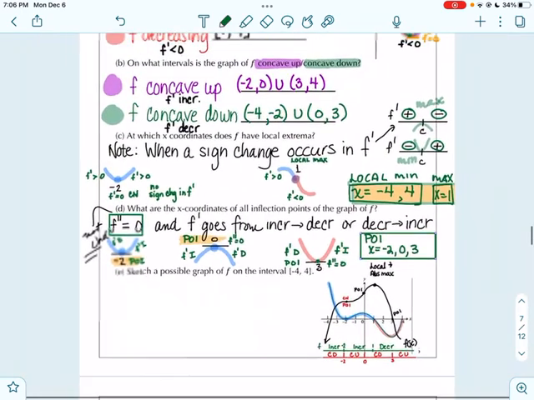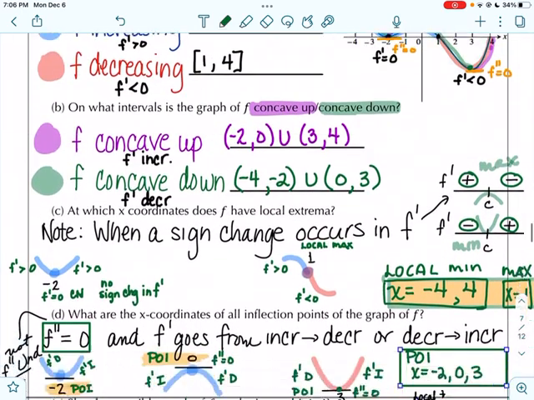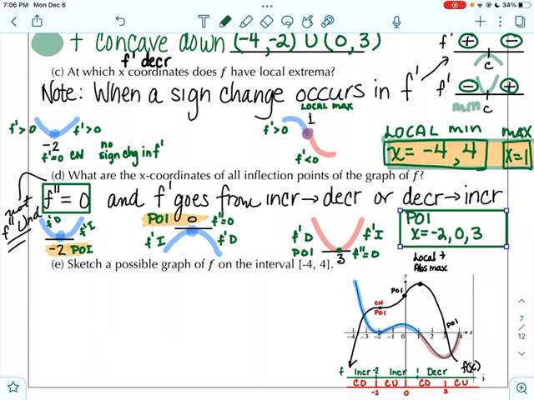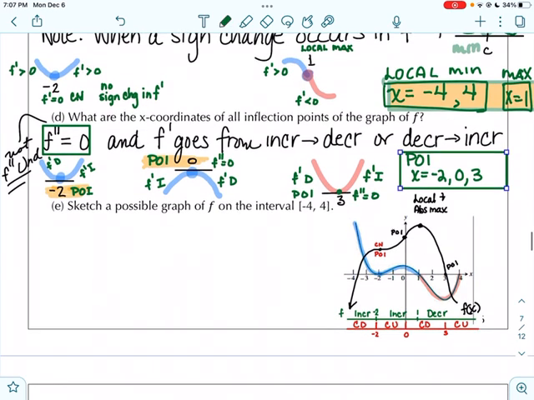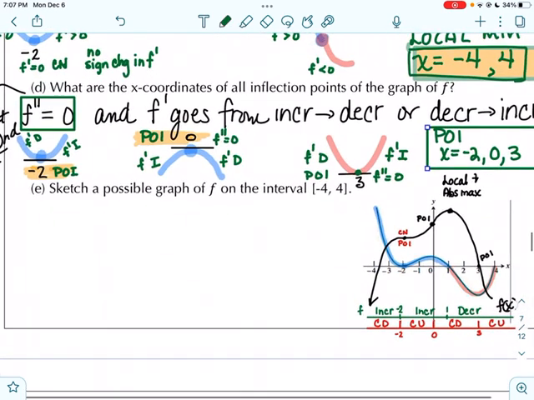Now, I sketched a possible graph lining up all the information down below, where the graph goes from increasing at -2, and then at 1 it goes to decreasing. And then the concavity: about -2, concave down, concave up, and then you get to 0, it goes to concave down, and then at 3 it goes to concave up.